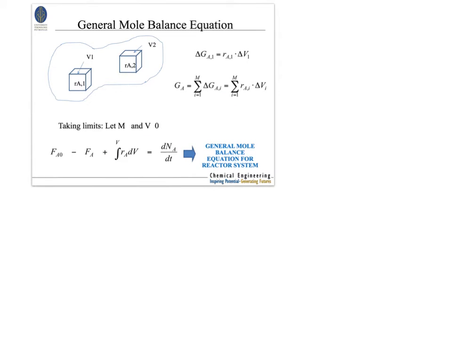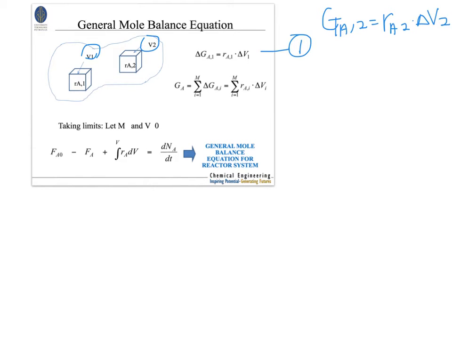Okay, let's say you have this system volume. So you have V1 and V2. The generation GA for system volume 1 equals this equation 1. And for system volume 2, GA2 equals RA2 times delta V2.